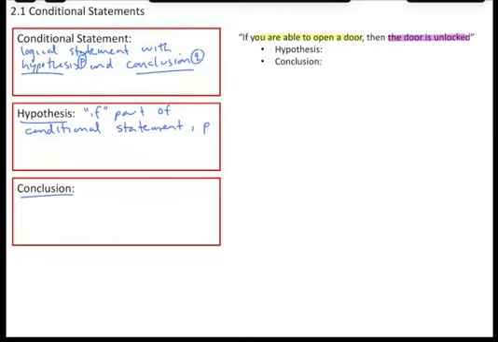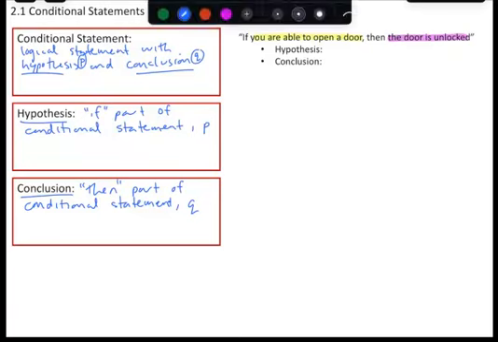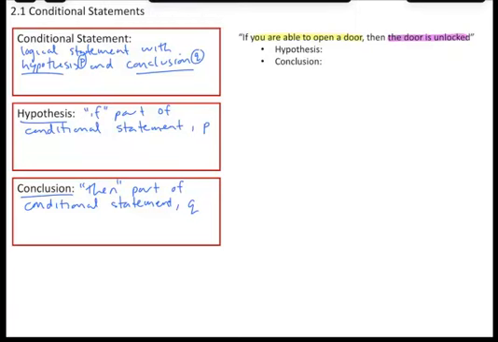And then the conclusion is the then part of that conditional. Once again, that's going to be designated with a Q. Another way you're going to see these logic statements written is with symbolic representation.